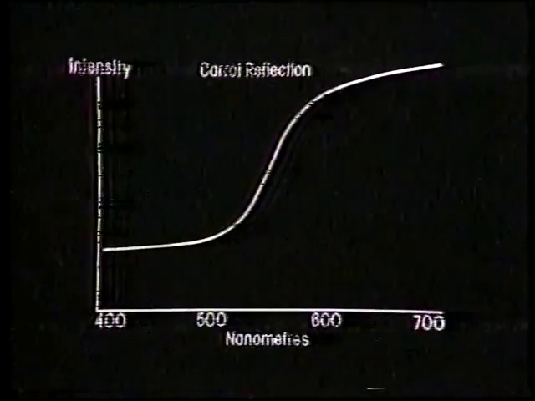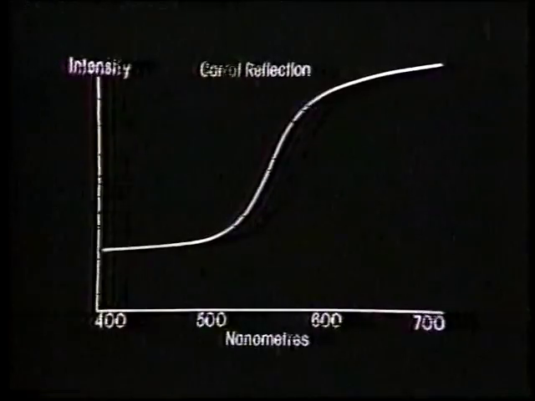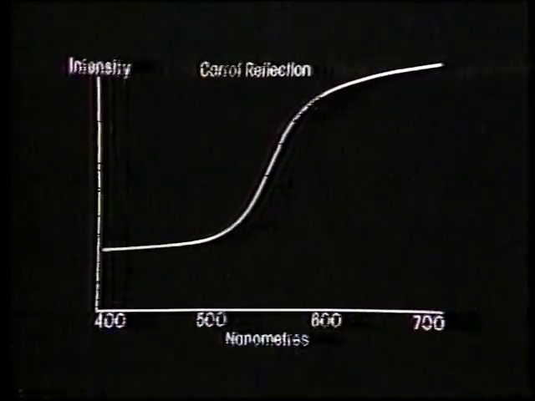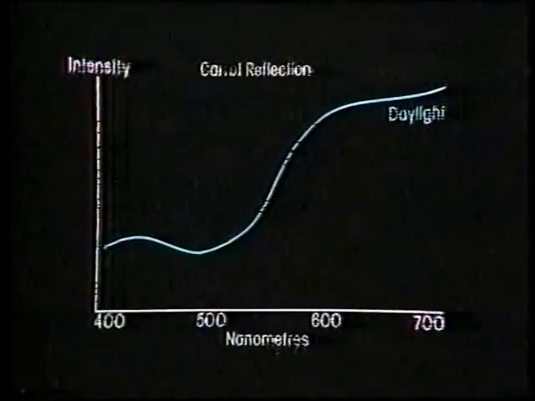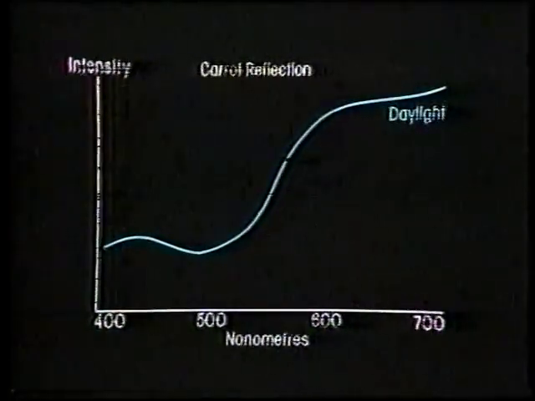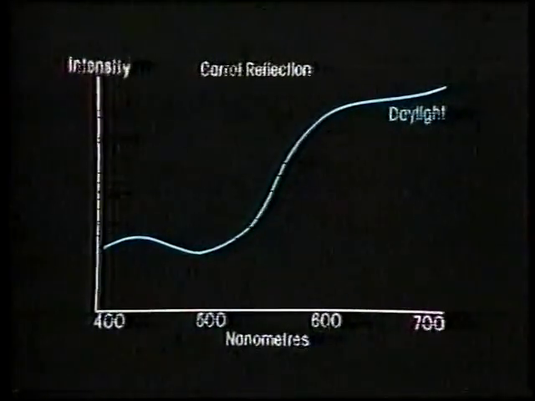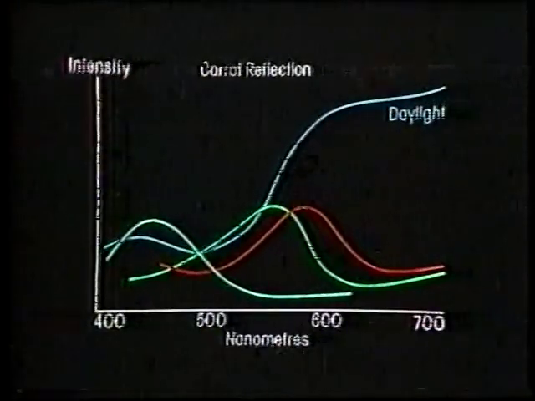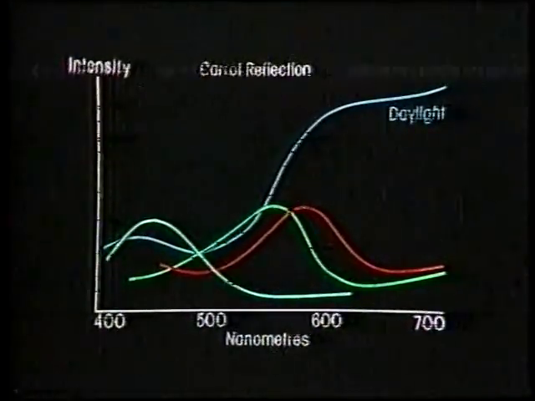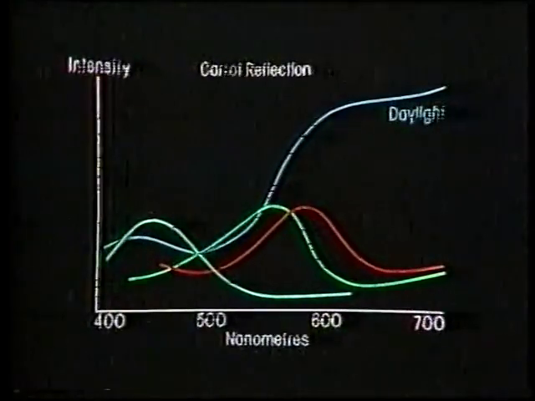Here, redrawn, is the reflection spectrum of the carrot, but this was measured in light from the integrating sphere. What reaches our eyes is slightly different, because daylight does not have equal energy at all wavelengths. It's slightly blue. This spectral distribution stimulates the red-sensitive cones most, then green cones, and then blue cones.